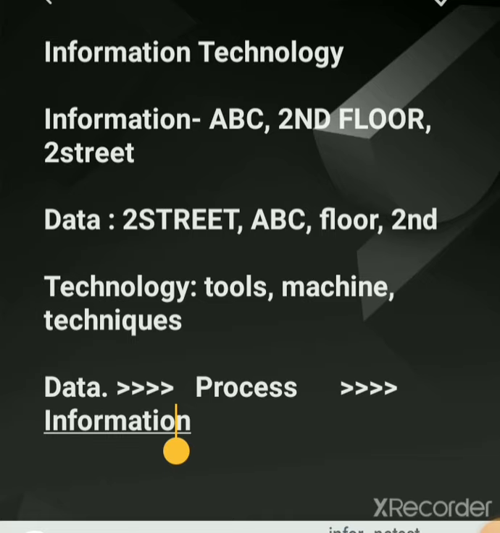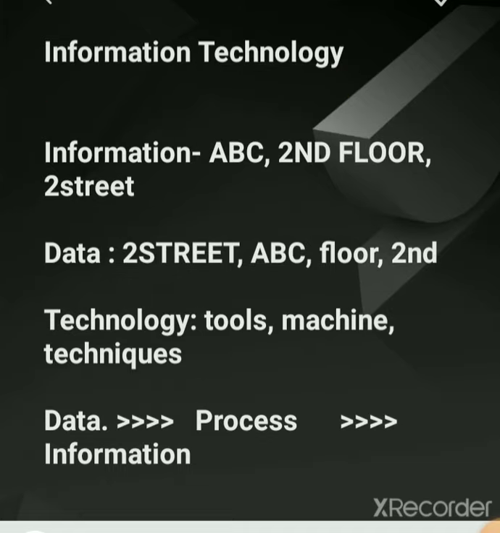So in all, we can define information technology as the use of computers. Now we can define it totally by summing all these definitions individually.